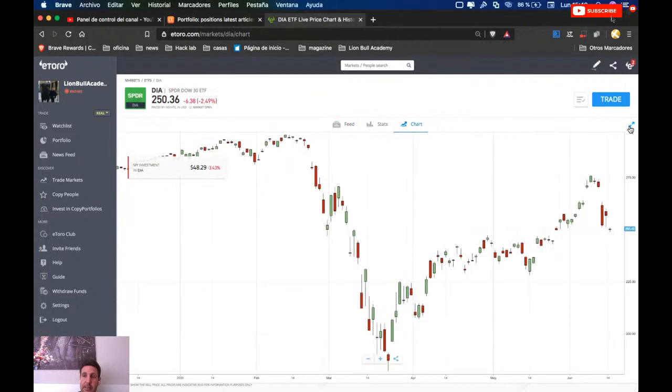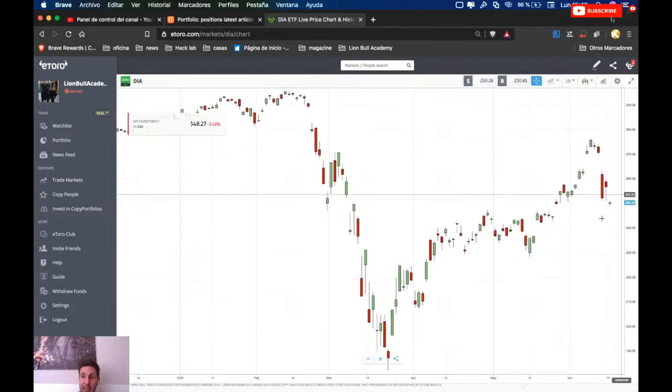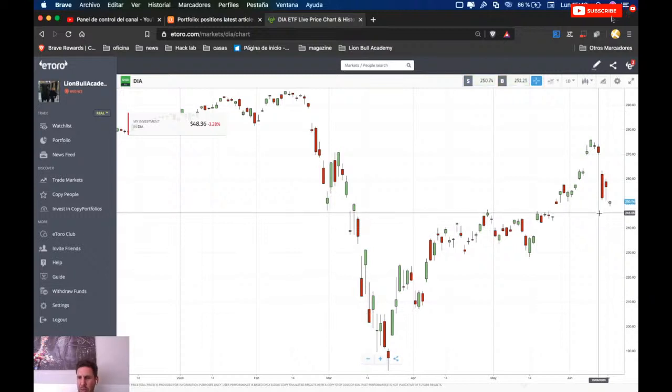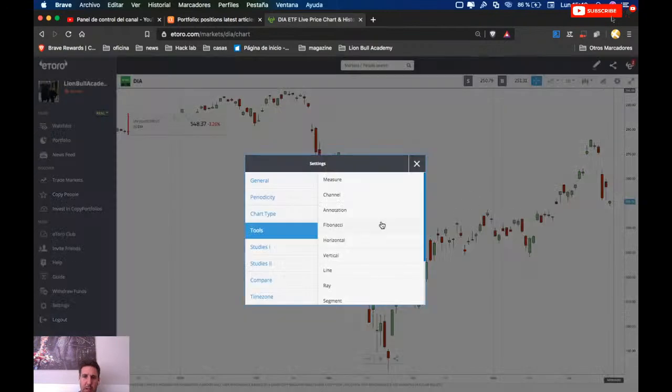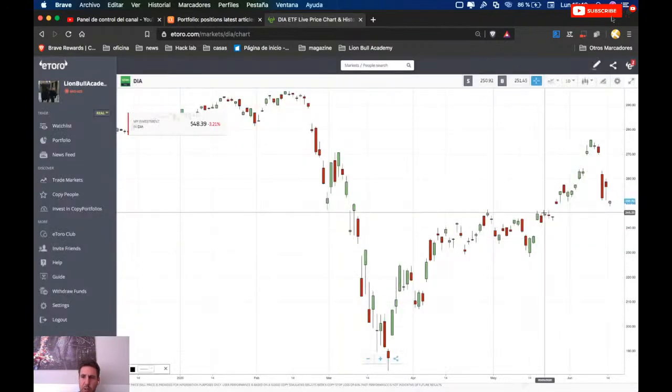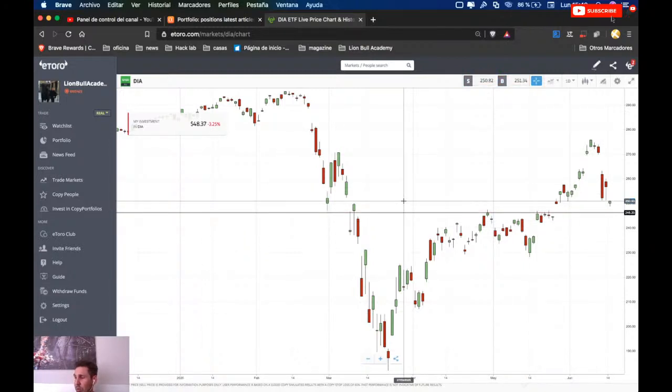It is in an interesting position, but I would prefer to at least go to 246. That would be a nice entry in DIA. Not before that. We already have one position entered and it is really stupid to enter just because it fell down a little. The best in this place would be a really great entry at 245, 246 really. So we can put one horizontal line here to remember the position, 246. We will enter again in the market if we see a good entry.